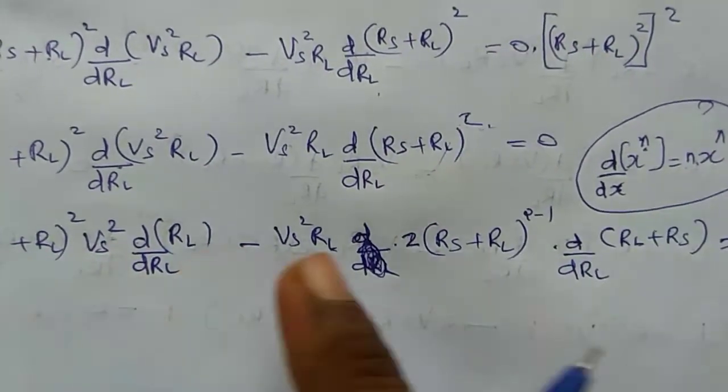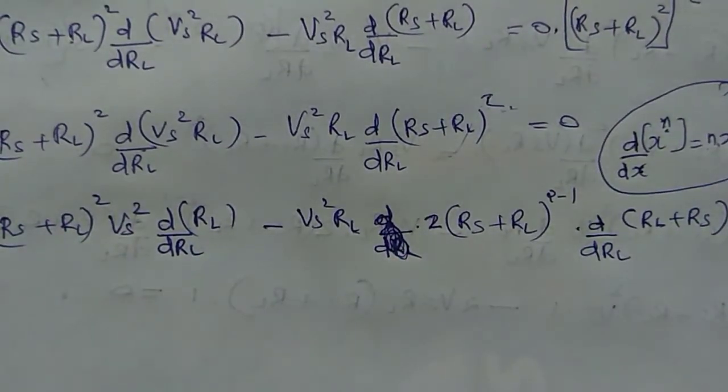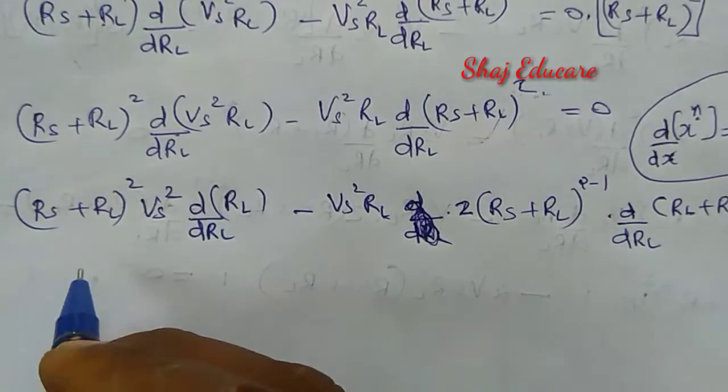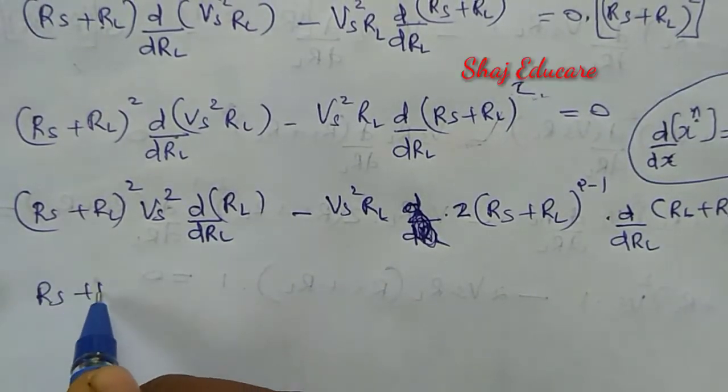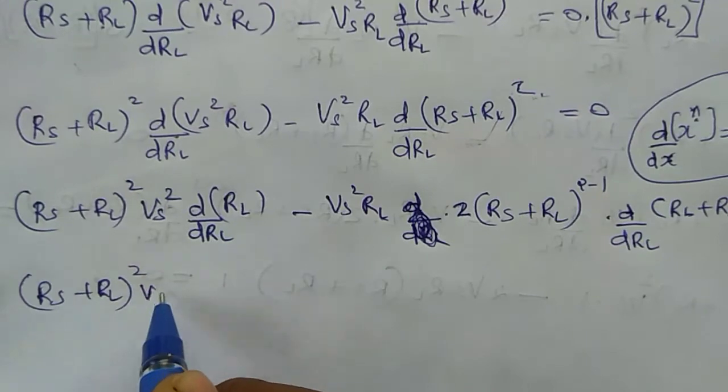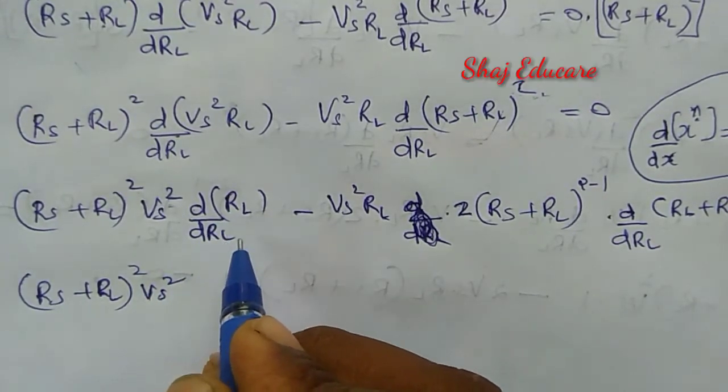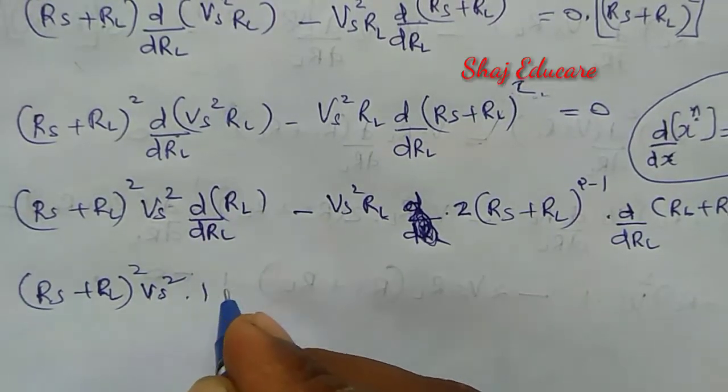Now find the reduced expression for this equation. Now (Rs plus RL) whole square Vs square. What about d by dRL of RL? That is equal to 1.